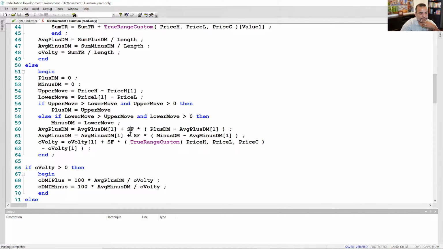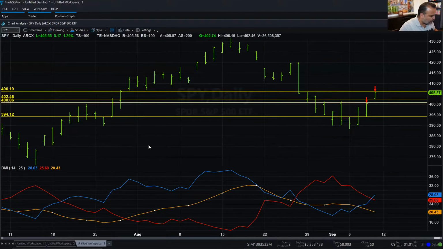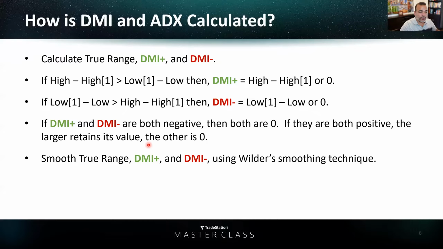That's a smoothing factor. So this is the part that smooths out the DMI minus, the DMI plus, and that also smooths true range. Not to get into a lot of detail, but I wanted to show you where the math is, just in case you want to know where the value comes from.